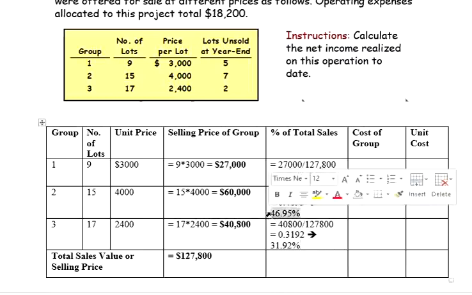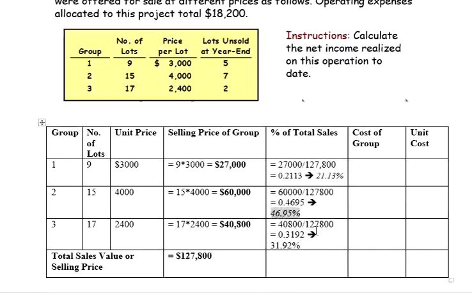Group 1 is 21.13%, Group 2 is 46.95% of total revenues, and Group 3 is 31.92% of the total revenues. So we got percentage values. In order to make it a little more prominent, I will color it, because I just want to emphasize the role of this percentage.